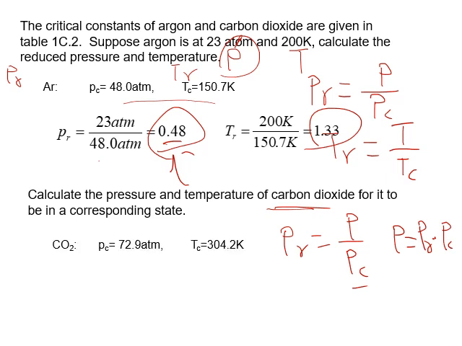So find the critical pressure and critical temperature for carbon dioxide, and then the pressure to be in the corresponding state, reduced pressure times critical pressure, will give you 35 atmospheres. Similarly, the temperature is critical temperature times reduced temperature, and that will give you 405.